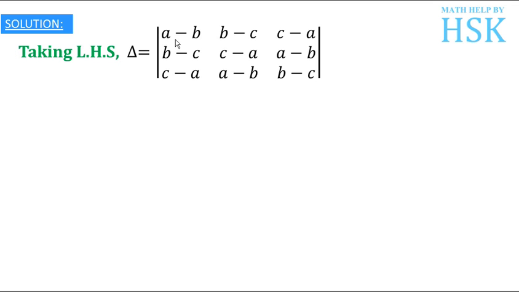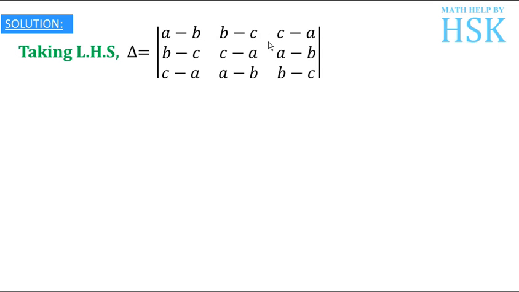So to solve this question, first of all, I observe this determinant and find that the terms are such that if I take all the terms of a row, for example this first row, then here I have a minus b, b minus c, c minus a.